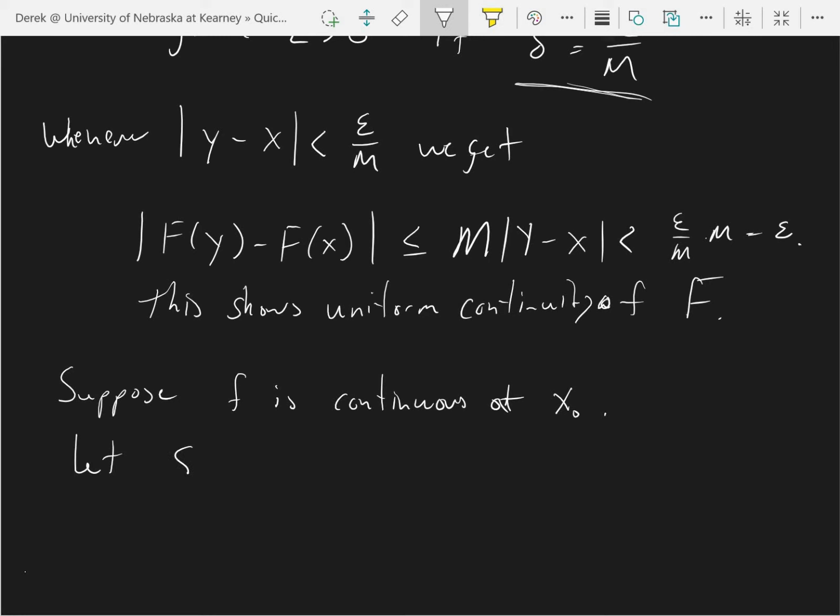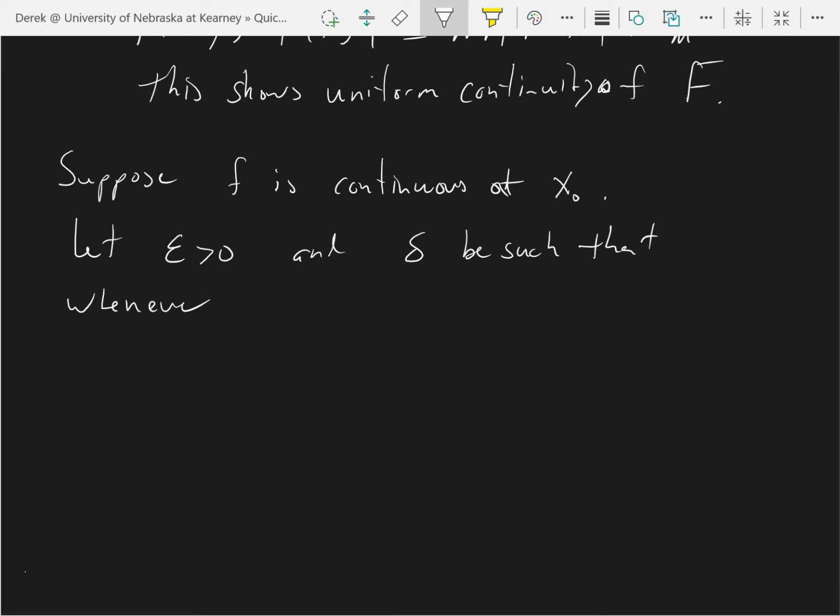Let epsilon be bigger than 0 and delta be such that whenever a is less than or equal to s, less than or equal to x naught, less than or equal to t, less than b, and s and t are in the neighborhood of size delta around x naught.